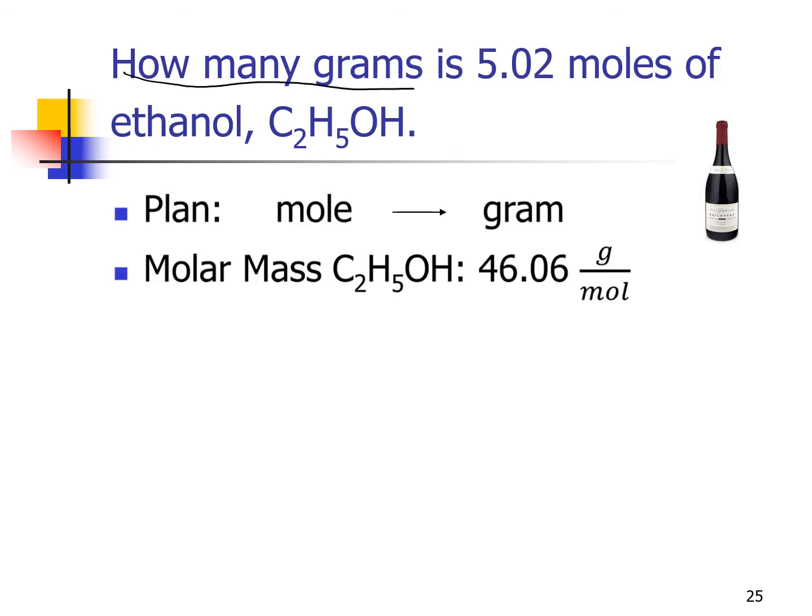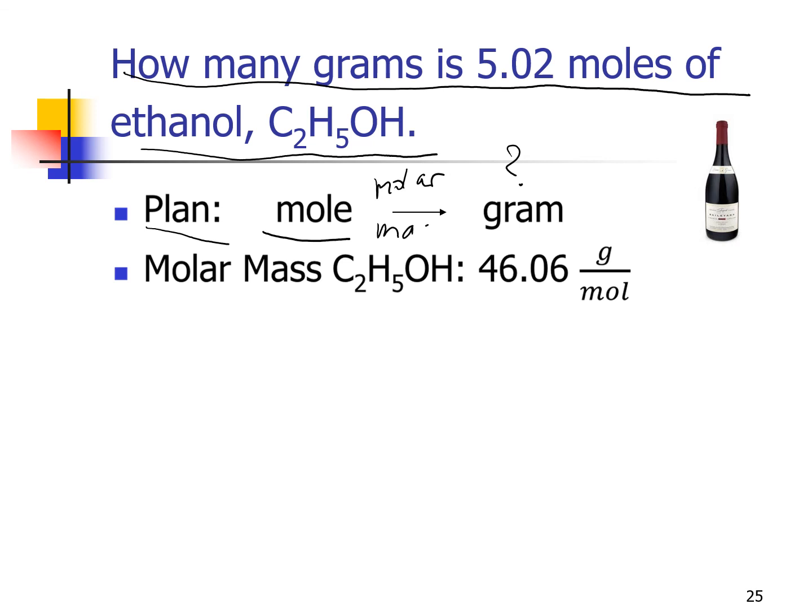How many grams is 5.02 moles of ethanol, C2H5OH? First, we start with our plan. We're given moles. We're looking for grams. To go from moles to grams or grams to moles, we use molar mass.